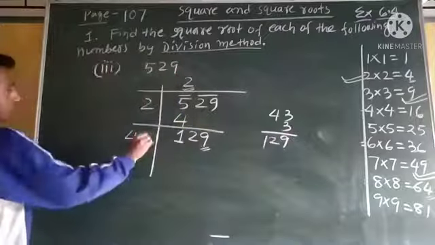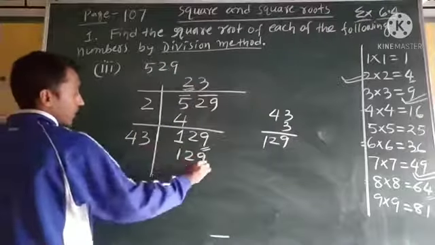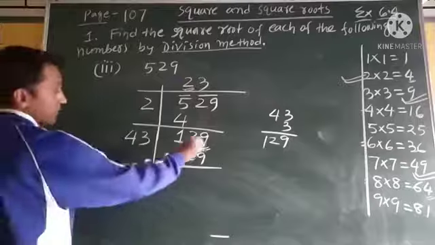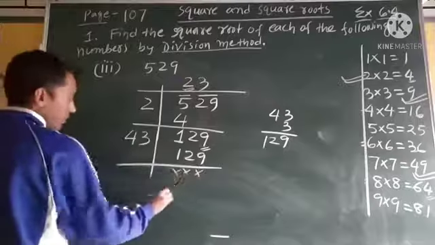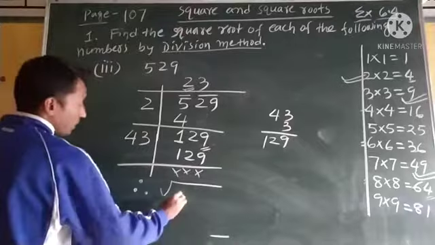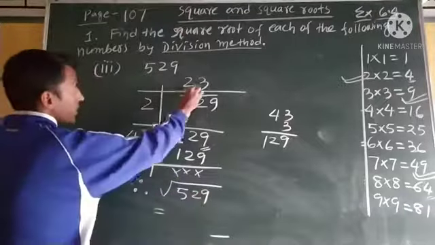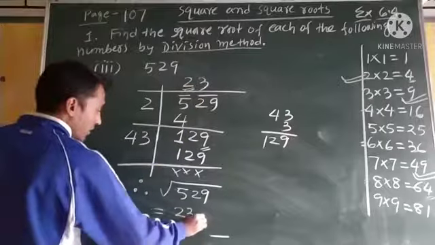Yes, so we can use 3. 43 times 3 is 129. If you subtract, you get 0. Therefore, the square root of 529 is 23.